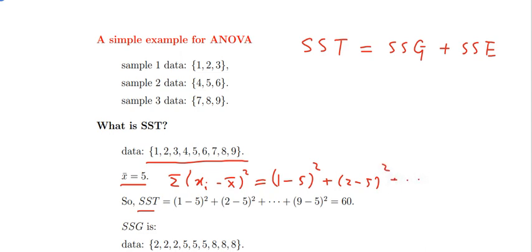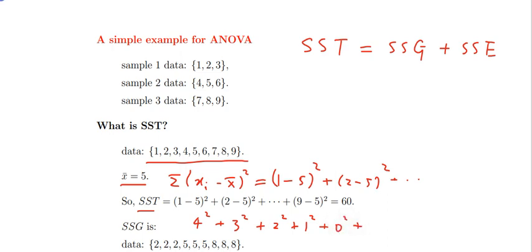So 1 minus 5 is 4, so 4 squared, plus 3 squared, right? 2 minus 5, then 2 squared, then 1 squared, then 5 minus 5, 0 squared, right?